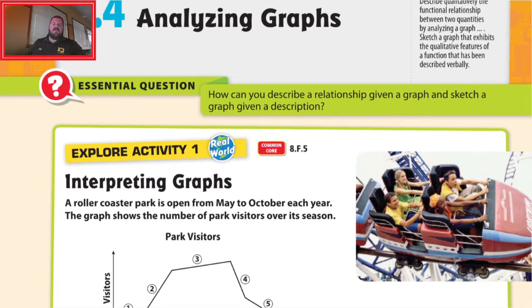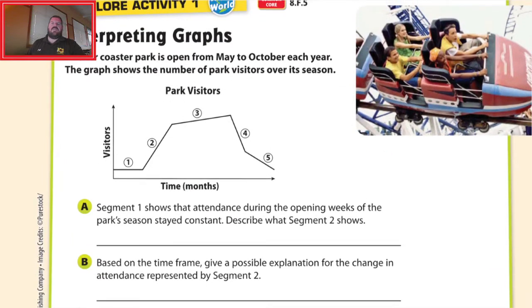The first little example here has us interpret graphs and try to figure out what's going on. It says that a roller coaster park is open from May to October each year. The graph shows the number of visitors over that May to October range.